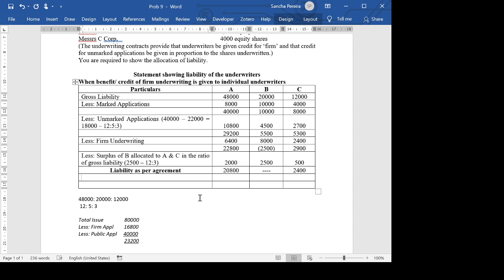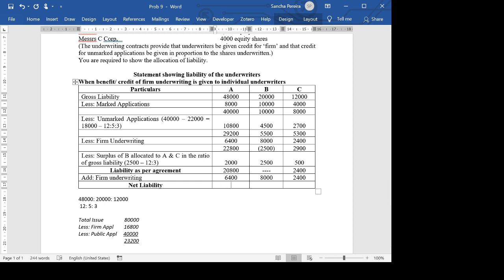To this we add firm underwriting just to know the total number of shares to be taken up. Firm underwriting of each one: 6,400, 8,000 and 2,400. Which brings us to the net liability.